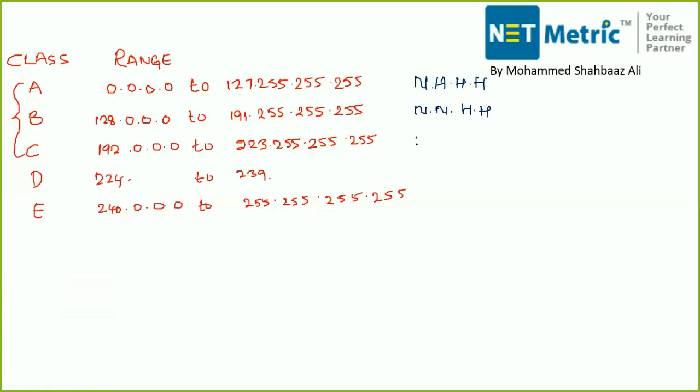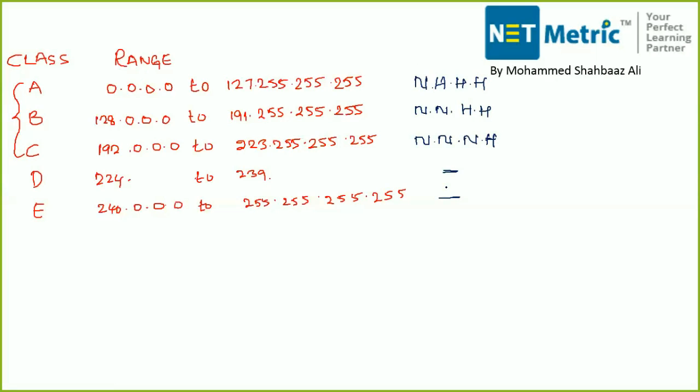In class C, 3 network octets and 1 host octet. What about class D and E? You will not have anything like this because these are for special purposes, multicasting and future research and development. You will not have any network portion and host portion in class D and E.